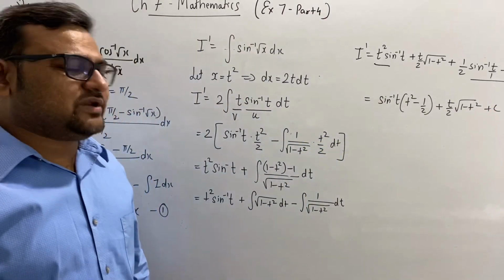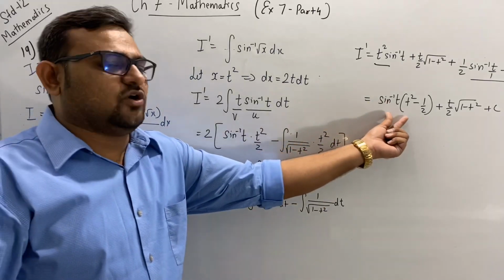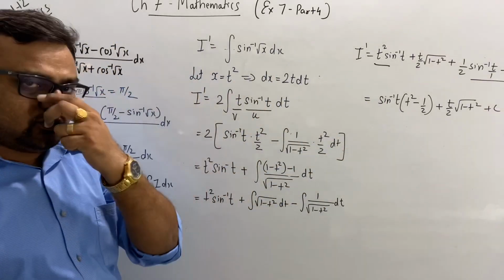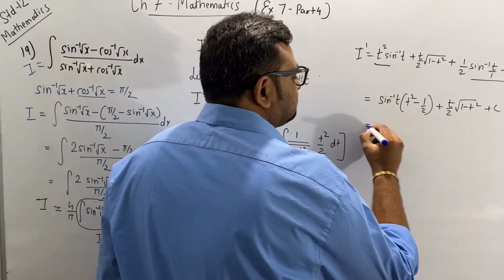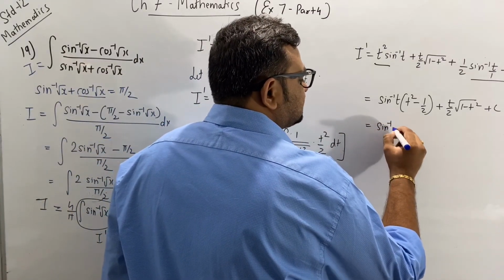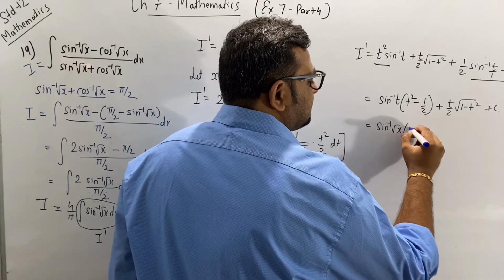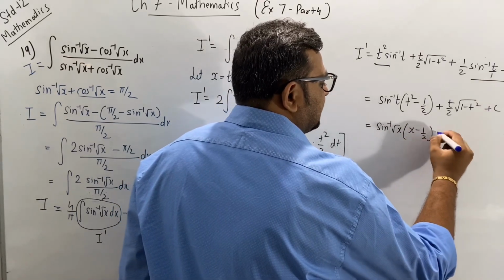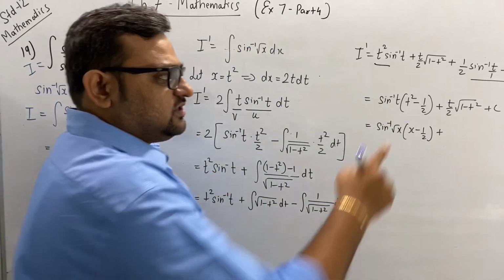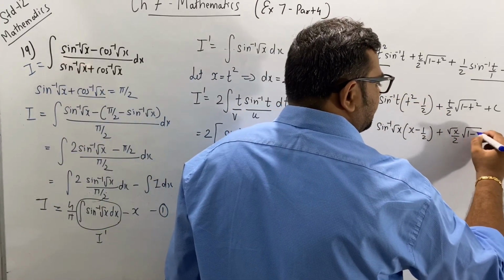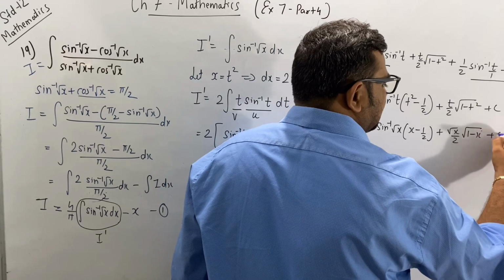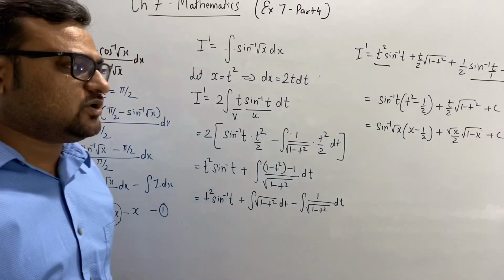Okay, now it's time to replace the value of t. We had assumed x equal to t square, so t will be equal to square root of x. Sine inverse root x, minus 1 by 2. This will be root x root of 1 minus x plus c, because t square is equal to x.